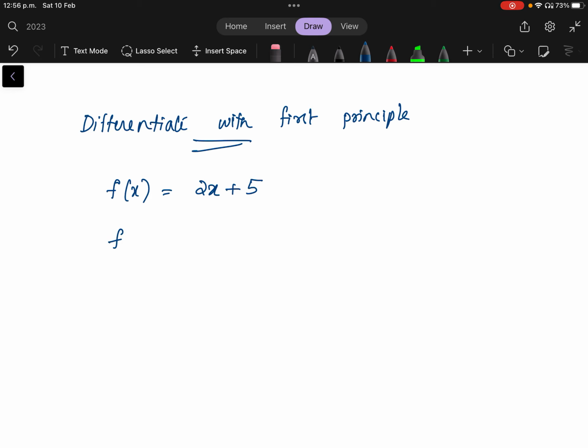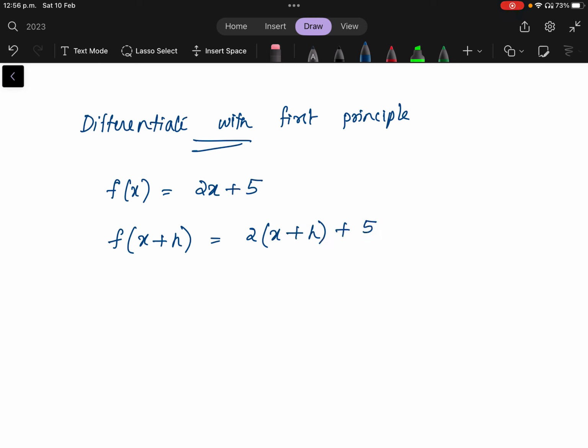What I'm going to do is try to find f of x plus h, which means I'm just adding a quantity or a unit of h here, so f of x plus h is equal to 2 times x plus h, plus 5.